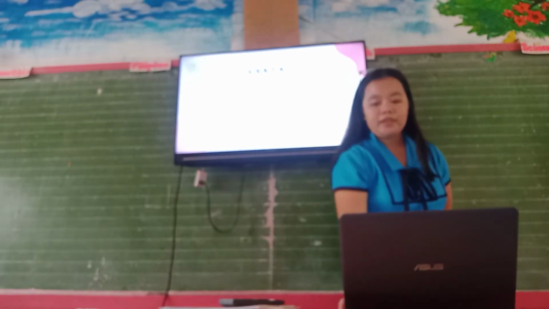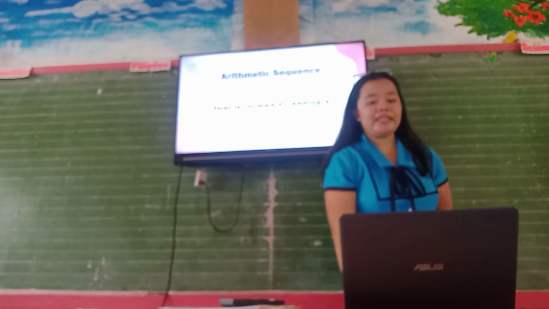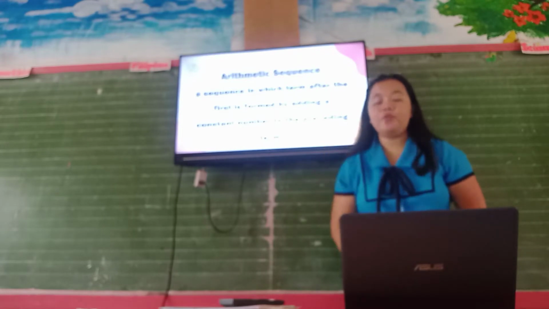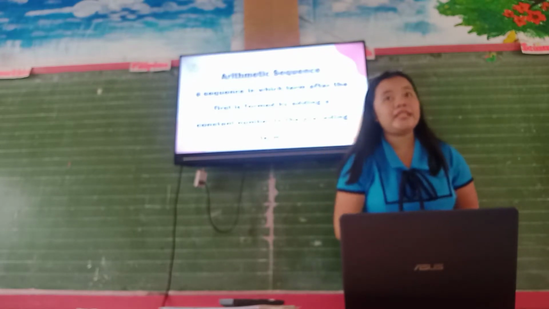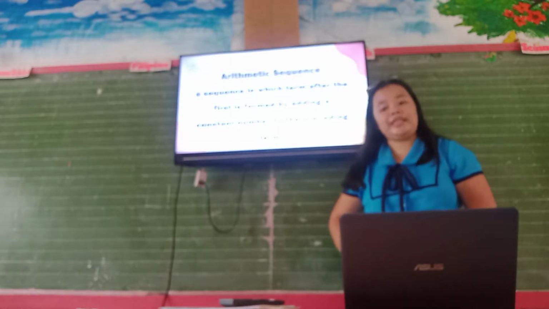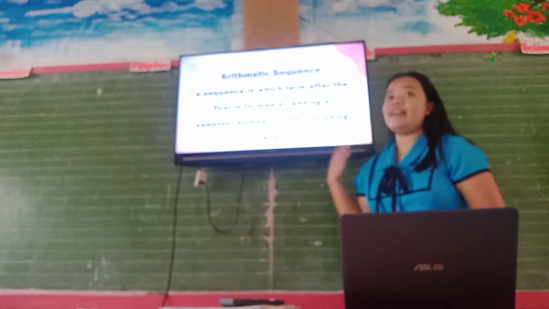That's right. An arithmetic sequence is a sequence in which each term after the first is formed by adding a constant number to the preceding term. Again, let us all read.